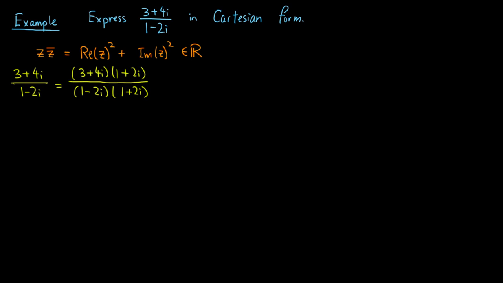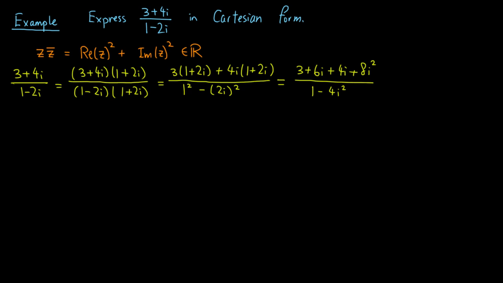So we have (3 + 4i)(1 + 2i) over (1 - 2i)(1 + 2i), which equals 3(1 + 2i) + 4i(1 + 2i) over 1² - (2i)², which equals (3 + 6i + 4i + 8i²) over (1 - 4i²).